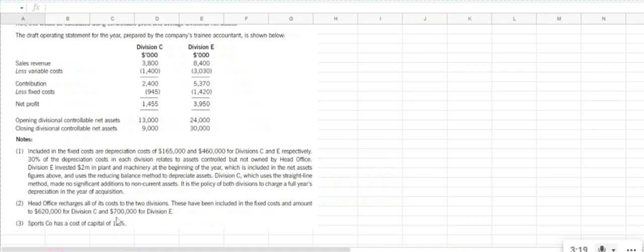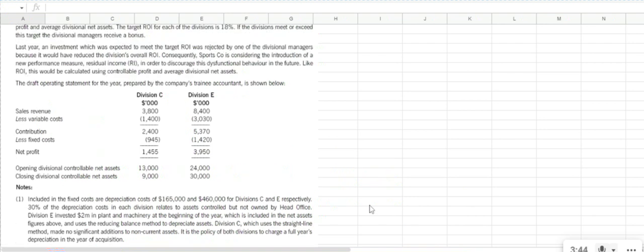These have been included in the fixed cost and amount to 620,000 for division C and 700,000 for division E. So the 620,000 fixed cost is included in division C. This is the head office's cost, so it is not something that is controllable by division C's manager. It's not part of the controllable costs. And similarly, division E has 700,000.